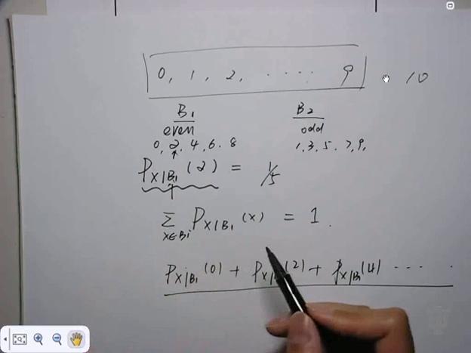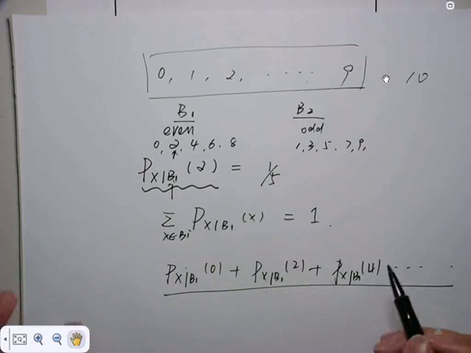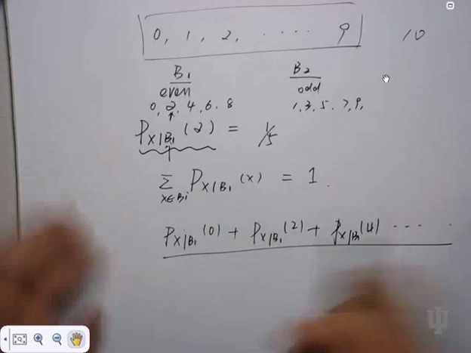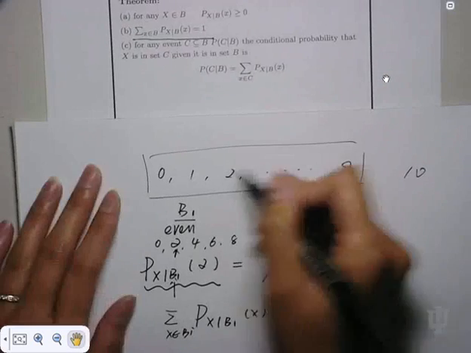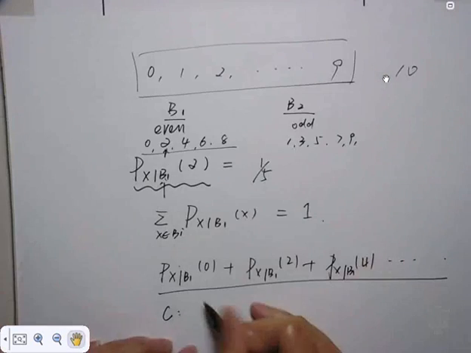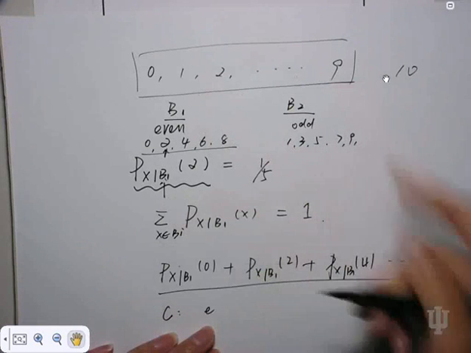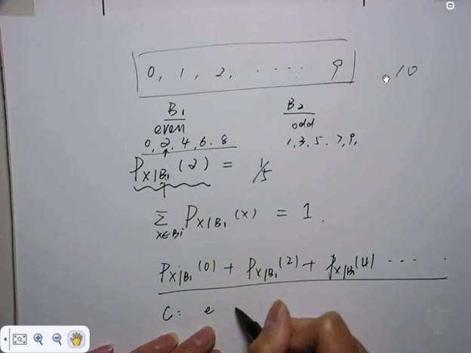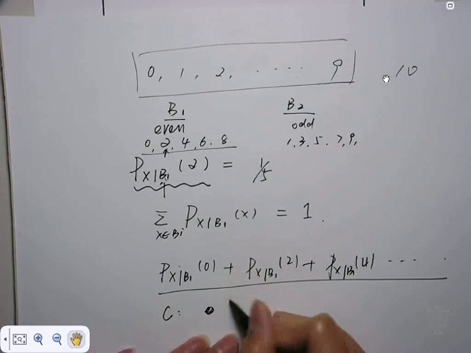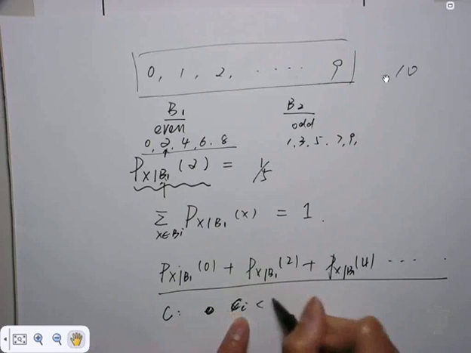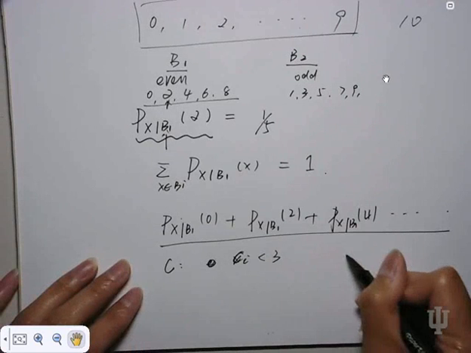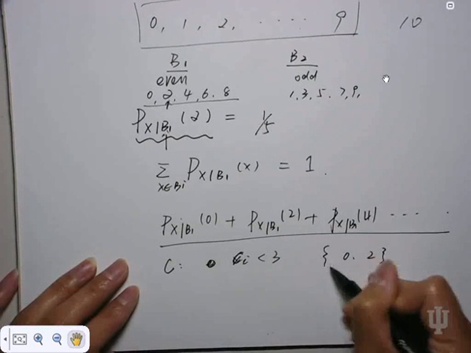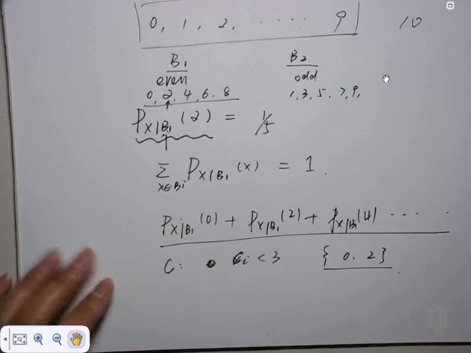So we will follow the general theorem of probability. If I name C a subset of B, this is an even number within 0 to 9 which is less than 3, for example. So X in C is even and smaller than 3. You know it can only be 0 or 2, right?